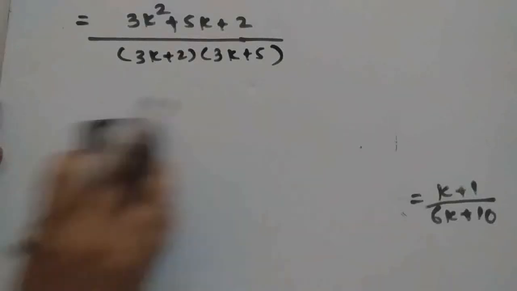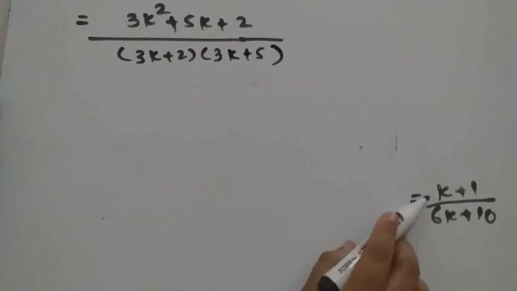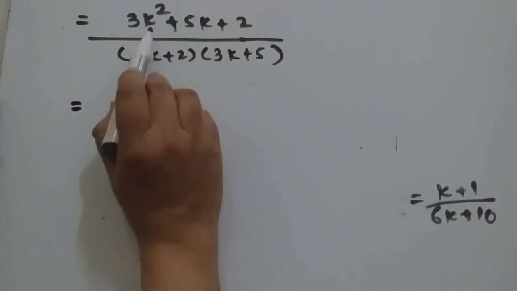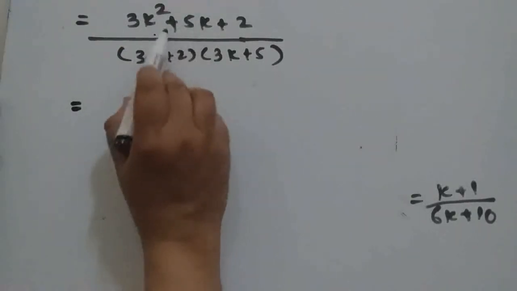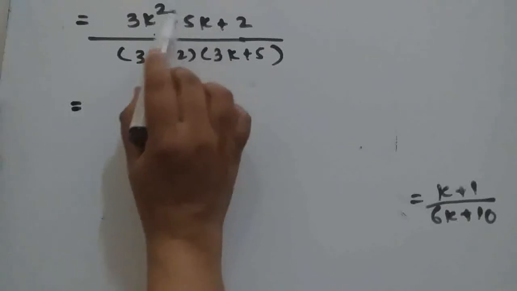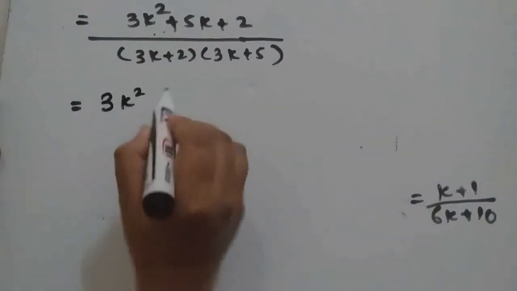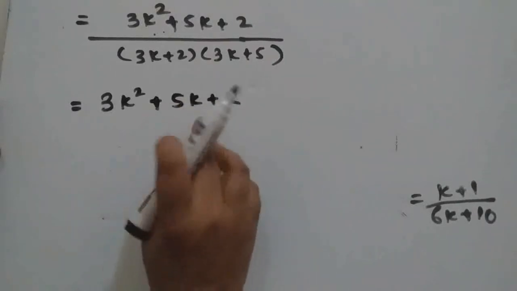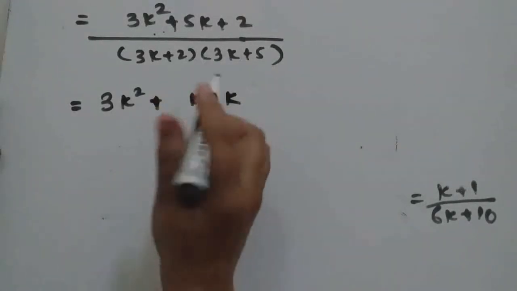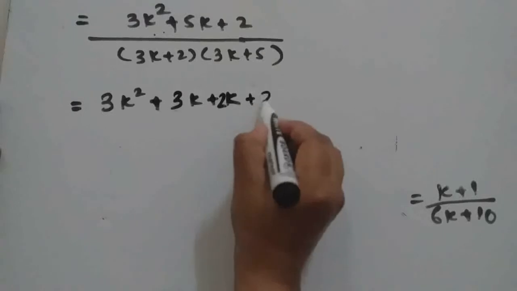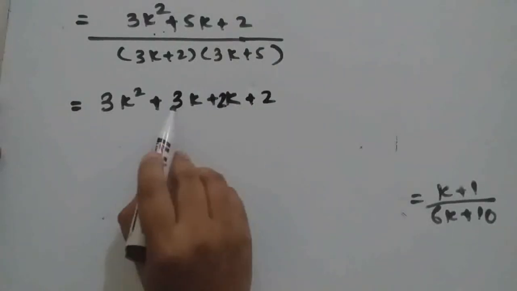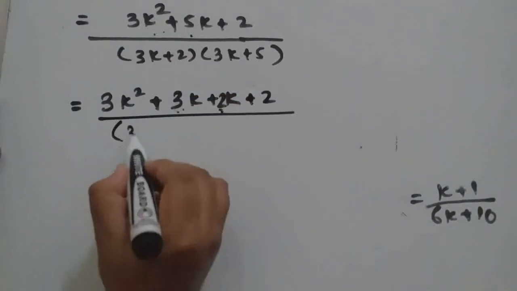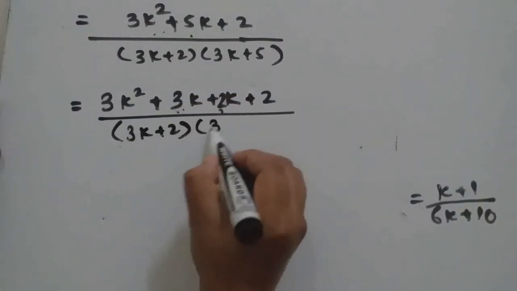We have to prove this one. Now for this, by the splitting the middle term method we can find the factors. So we can write 5k as 3k plus 2k plus 2, directly I am writing. 3 twos are 6 and 3 plus 2 is 5k, divided by 3k plus 2, 3k plus 5.